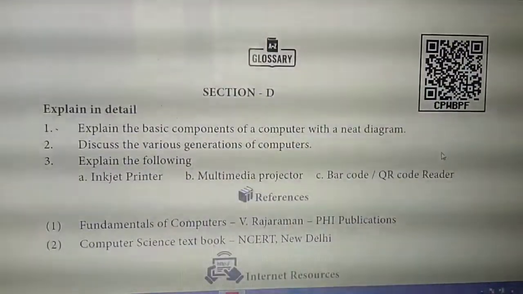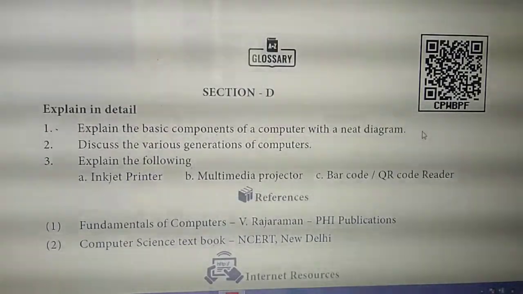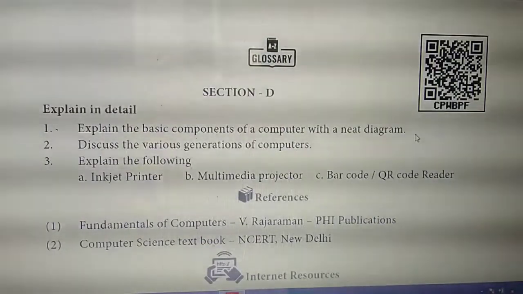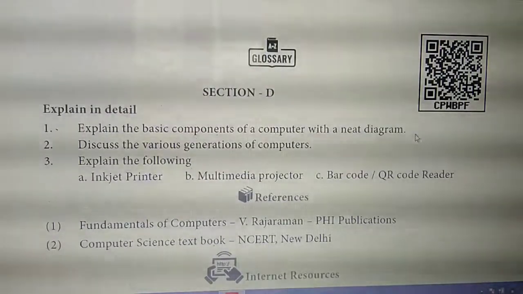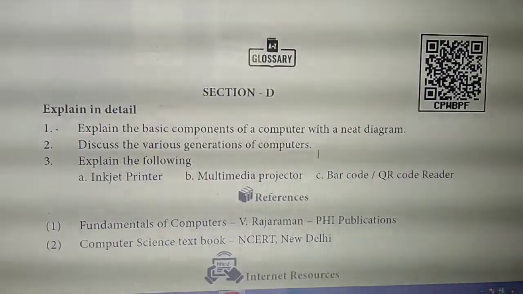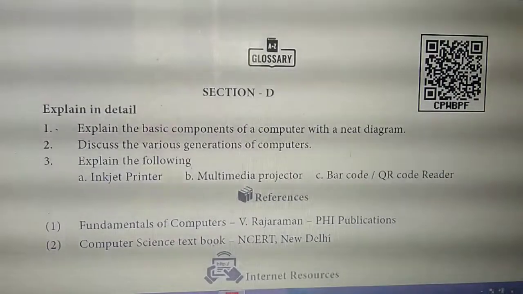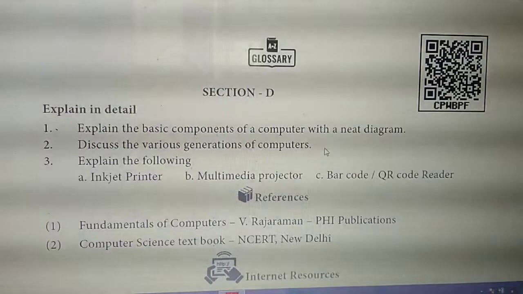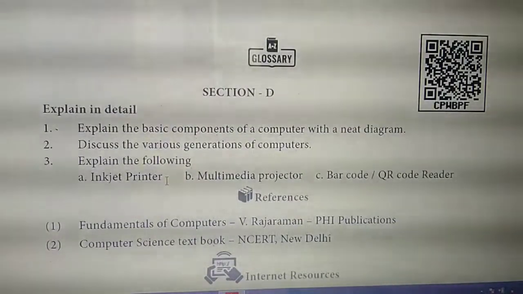Then detailed questions, write the page numbers. First question, page number 4 and 5: explain the basic components of a computer with a neat diagram. Second question, various generations of computer, page number 1 and 2.